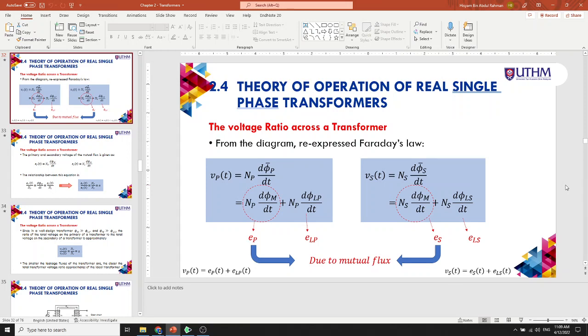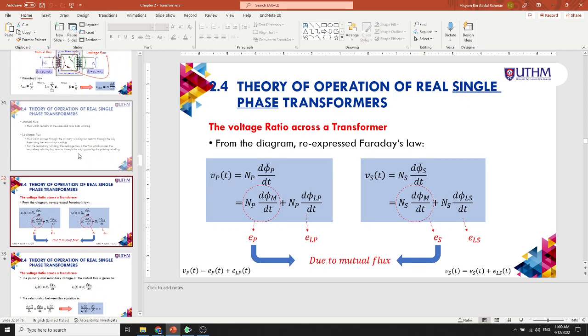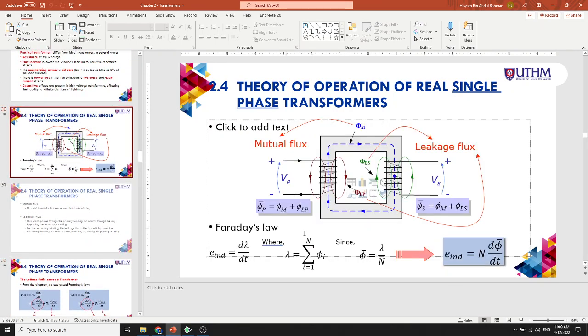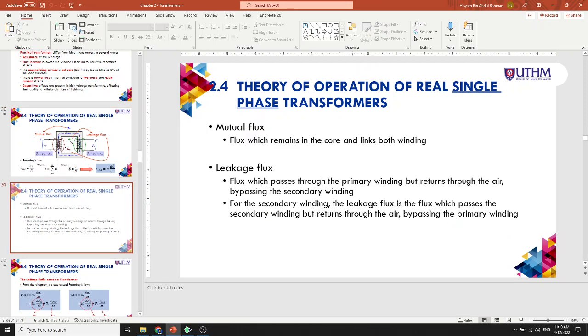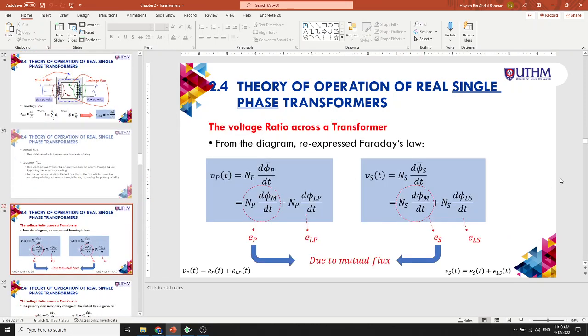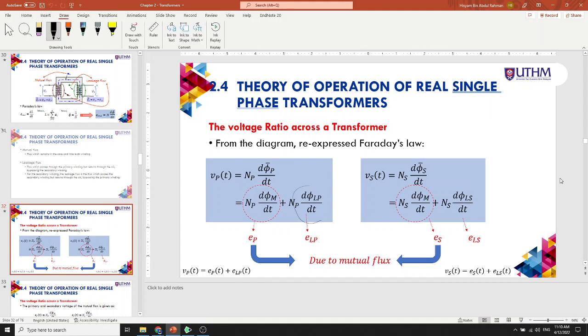We have two components: a mutual flux and a leakage flux. This is the component for the primary side and this one is for the secondary side.